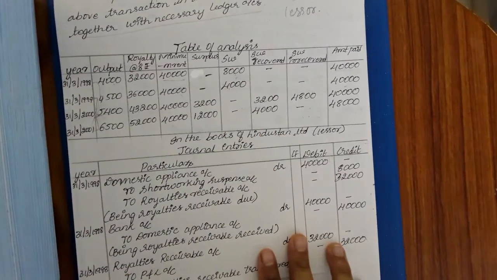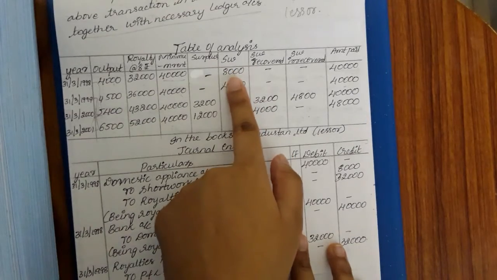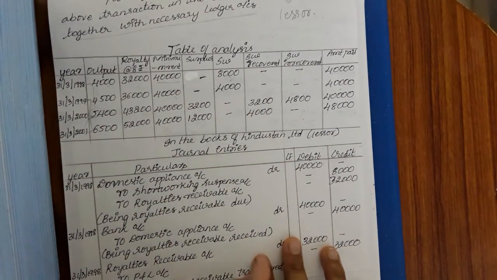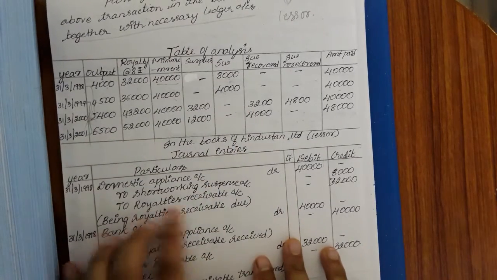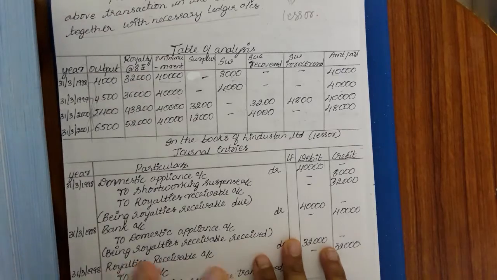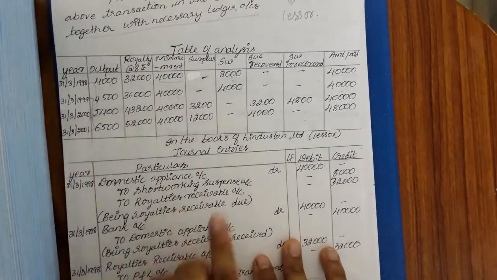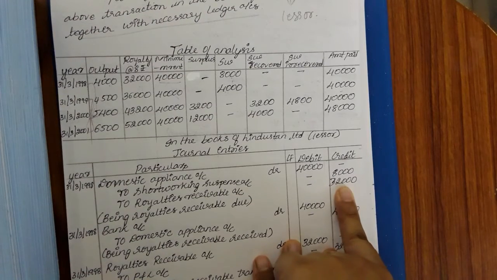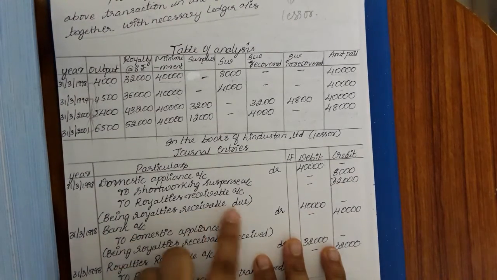You will be writing in his account as short workings, but for you it is a suspense. This short working is a suspense because you don't know when that person will recover that short working, right? So you will be transferring that 8,000 to short working suspense account, and you will be writing whatever the actual royalty earned in the particular year, that is 32,000, to royalty receivable account. So being royalty receivable due.